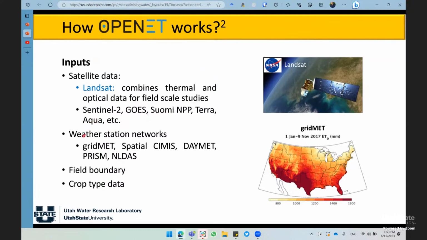OpenET uses weather station networks as inputs, such as gridMET, Spatial CIMIS, Daymet, PRISM, and NLDAS. It uses field boundaries to define the limits of the parcels. It mainly uses the state databases of these field boundaries, but if there is no state information, they use the USDA dataset. And they use crop type data too.